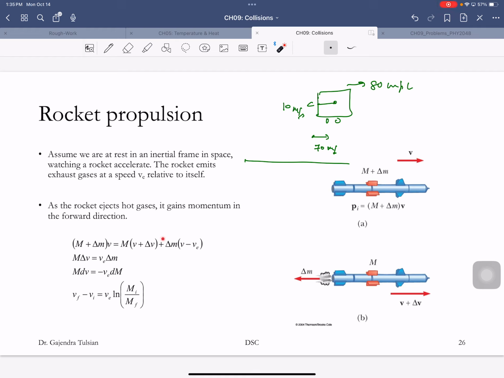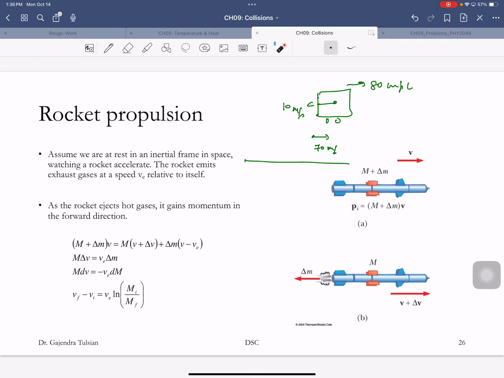If you rearrange this, there's the mass times the change in velocity, equal to exhaust velocity times how much exhaust you spit out. So you want a faster exhaust velocity, and you want a higher burn rate. The faster you're burning fuel, the larger this number will be. In differential form, m dv equals v dm.